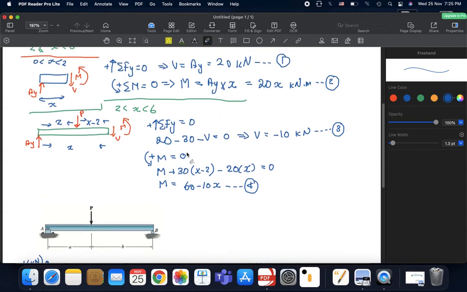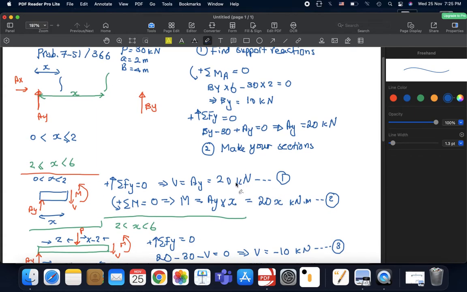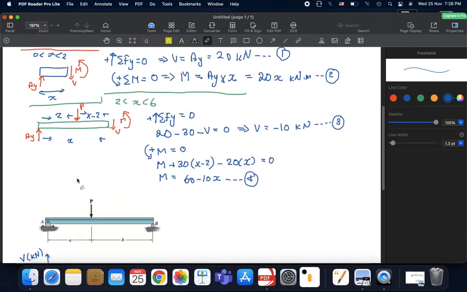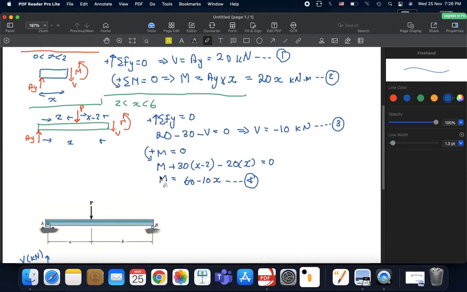So, as you actually know from our first equation, it says that V has a constant value of 20 for x values ranging between 0 and 2. So let's assume this is 20. It should be constant up to this point. Just draw a line. Now, what about the other equation?